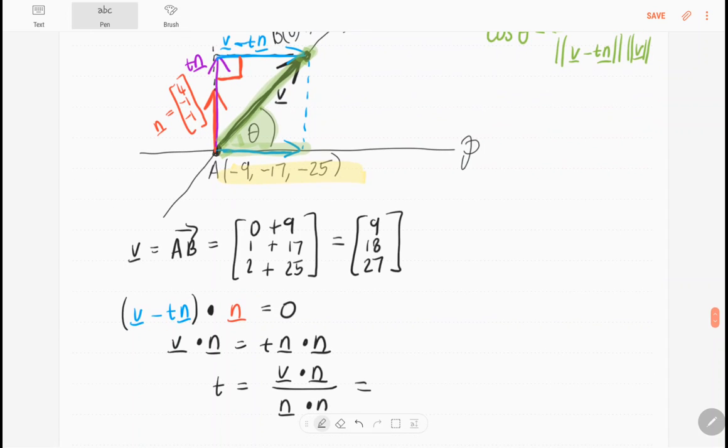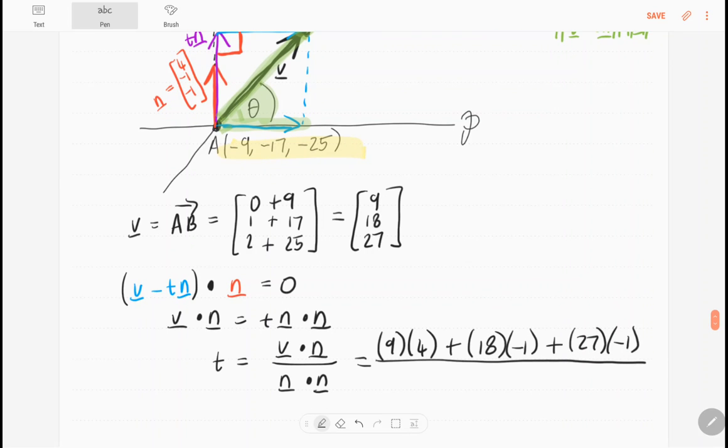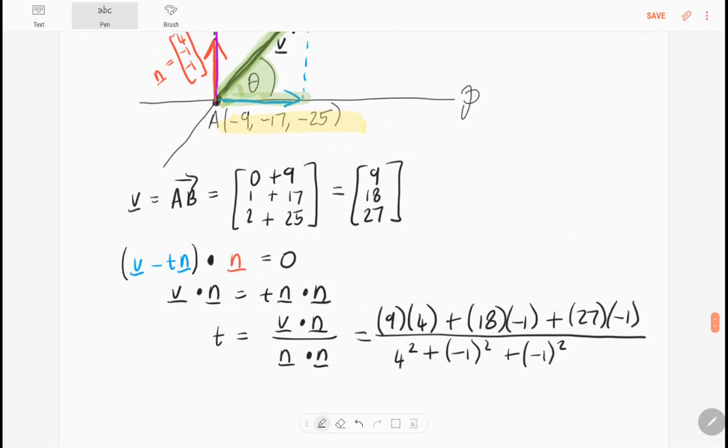Right? So it's going to be the components of v multiplied by the components of n. So it's 9 multiplied by 4 plus 18 multiplied by minus 1 plus 27 multiplied by minus 1, all over the components of n squared. So it's 4 squared plus minus 1 squared plus minus 1 squared.